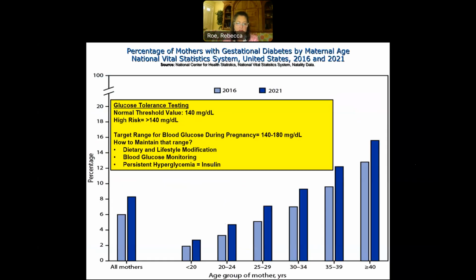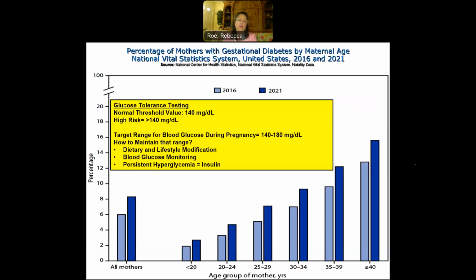In the big yellow box in this slide, it shows the glucose tolerance testing. The normal threshold value for that is 140, and the higher risk would be greater than 140. What they do is have you come in fasting, after a normal diet before you come in, and then they'll give you some high glucose and test your blood sugar periodically through the test.